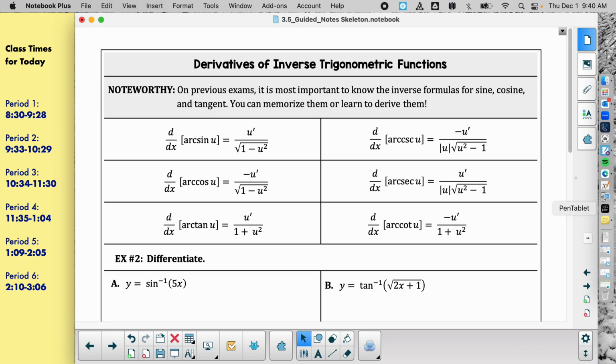What kind of answer do you get when you do inverse sine? You get an angle size. So with regular sine, regular trig functions, you're trying to find the ratio of the sides of the triangle, like how big they are compared to each other.